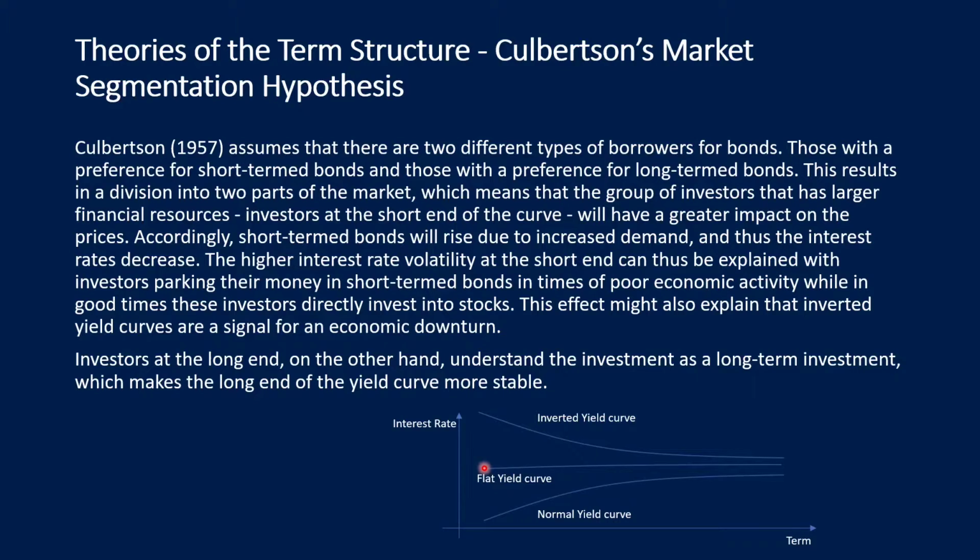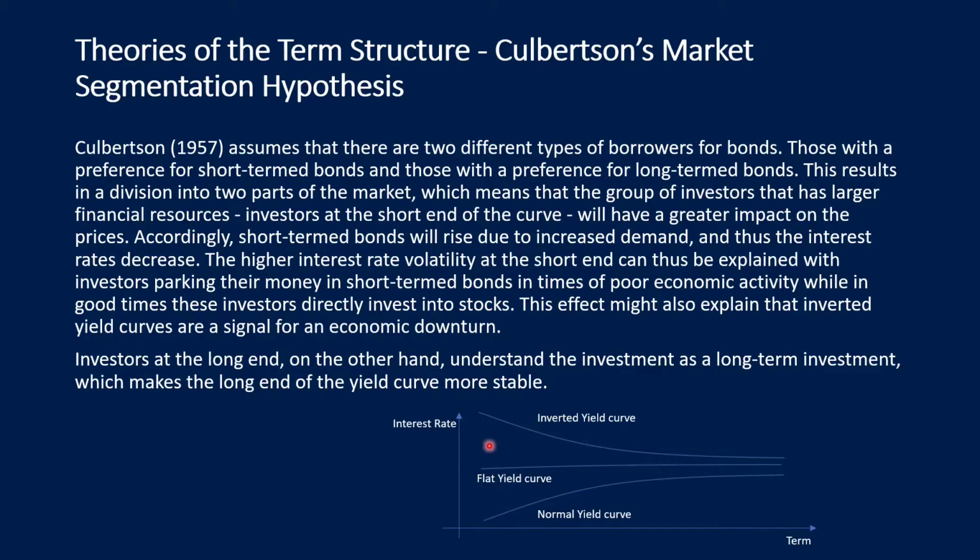So if they buy short-term bonds, the bond prices will rise, and accordingly their implicit interest rates will go down. And so in the short term, we will see low interest rates.